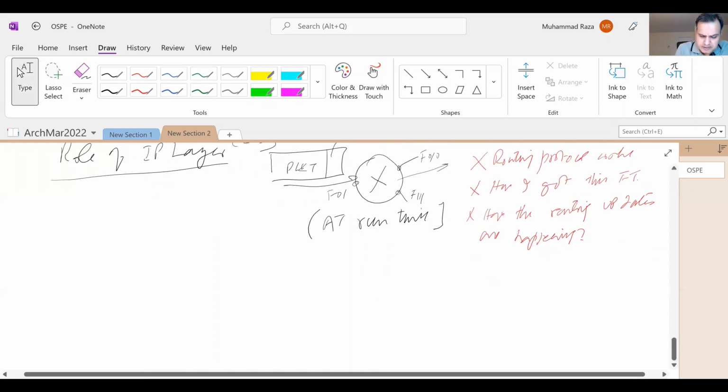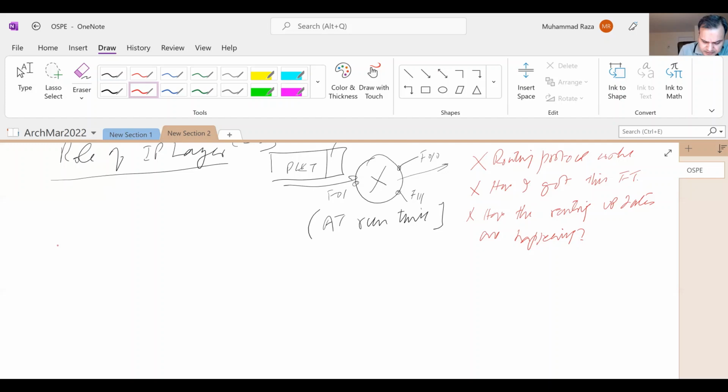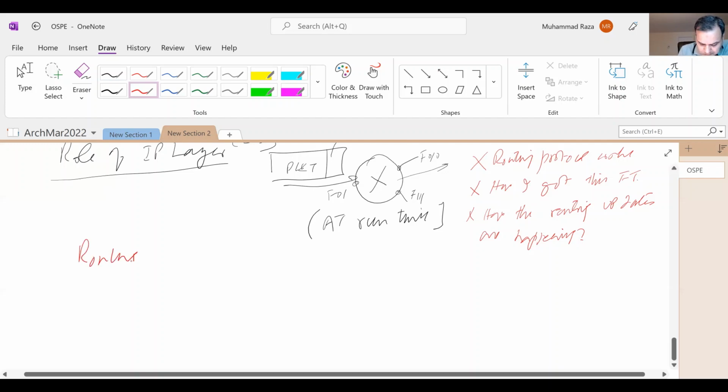Routing protocols, or even no routing protocol.